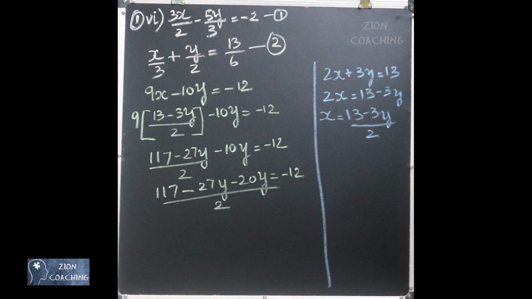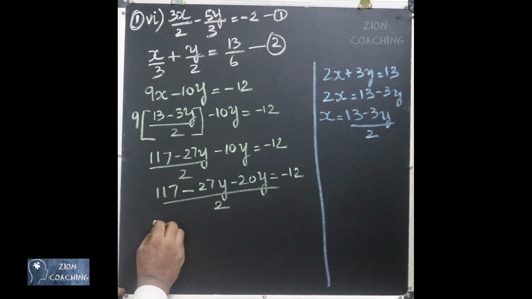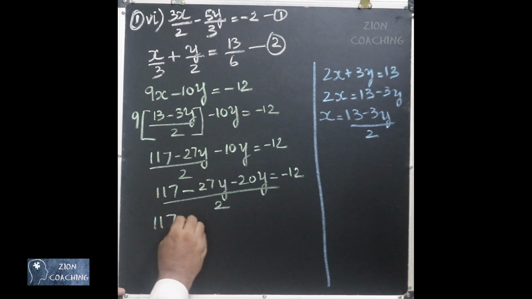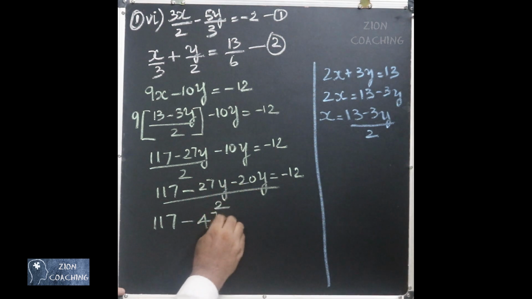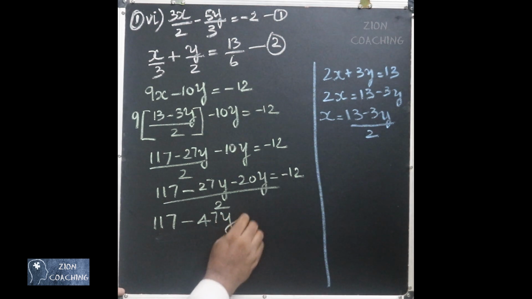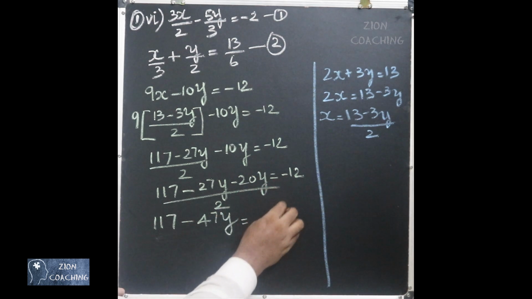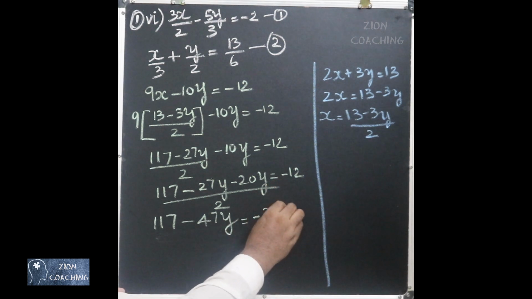Now we are going to have 117 minus 27 minus 20 is minus 47y divided by 2 equal to, or we will take that 2 to the other side in that step itself. So taking this 2 to the other side, it will become minus 12 into 2, that is minus 24.